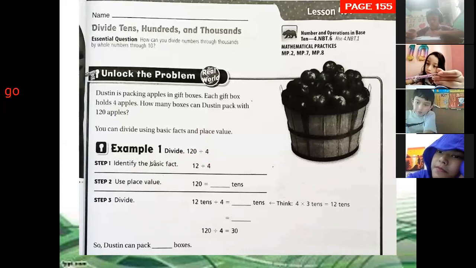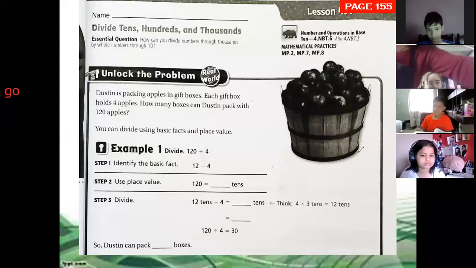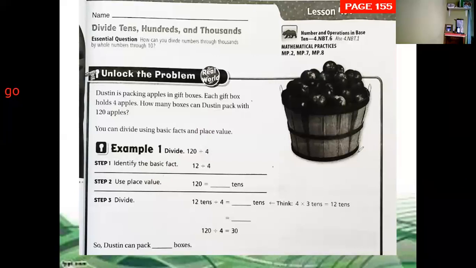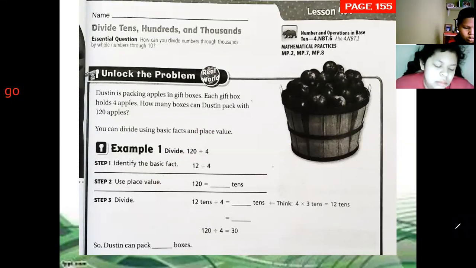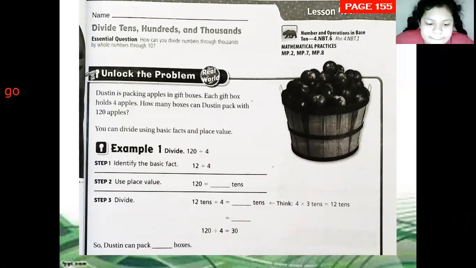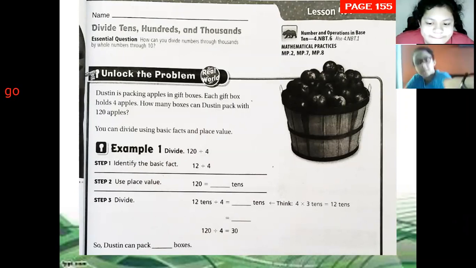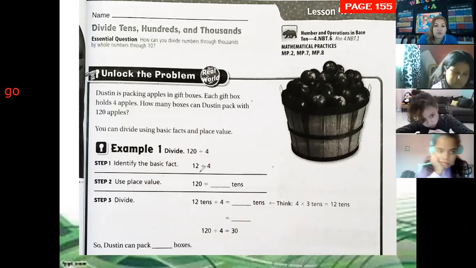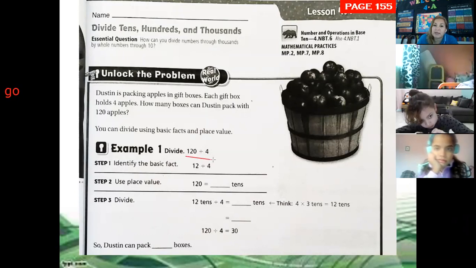First of all, we need to identify the basic fact. What is the basic fact? Pay attention, please. The basic fact is the division without zeros. No zeros, okay? That's the basic fact. So we have 120, the original division.